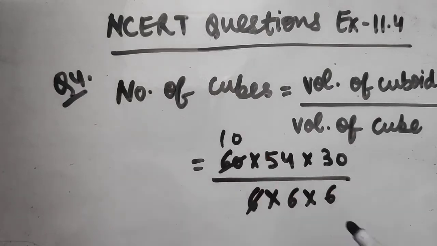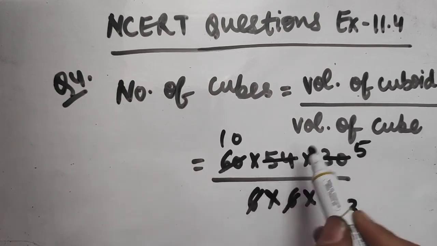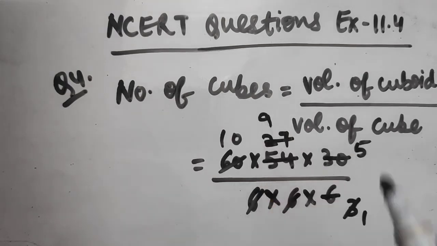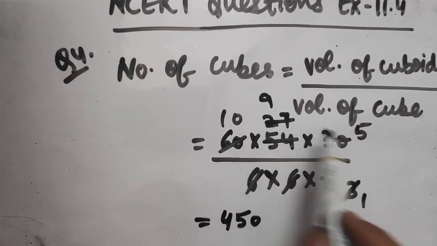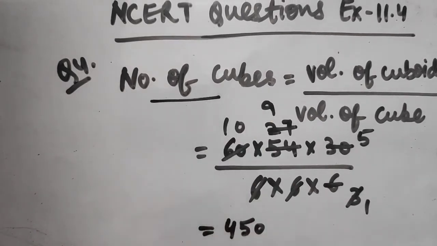Let us do the cancellation now. I am cancelling out all these. So 9 into 5 is 45 into 10. That will be 450. So the number of cubes that can be placed in the given cuboid is 450. So this is the answer of question number 4.